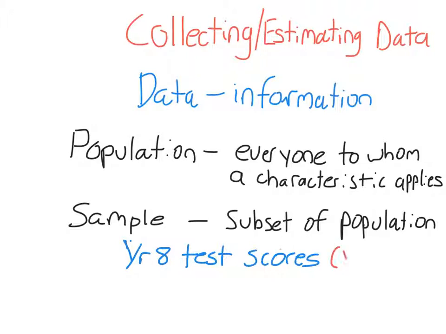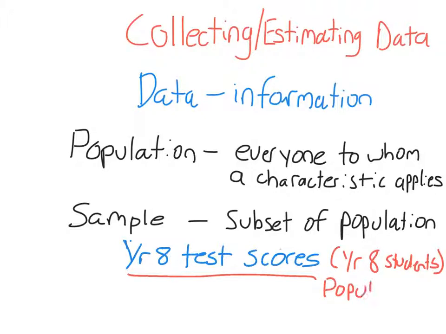But that is only Year 8 students. Only Year 8 students took the test. So when I'm interested in the Year 8 test scores, now Year 8 students are the whole population. They're not a sample, because there's nobody else other than these Year 8 students who took the test. The Year 8 students are everyone to whom a characteristic applies. In this case, Year 8 students represent everyone who got a Year 8 test score because they took the test.